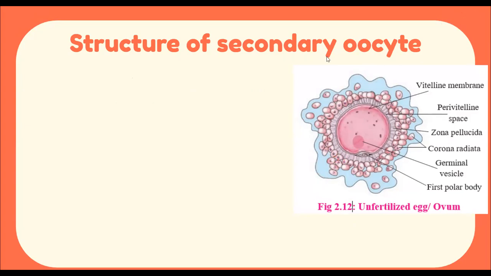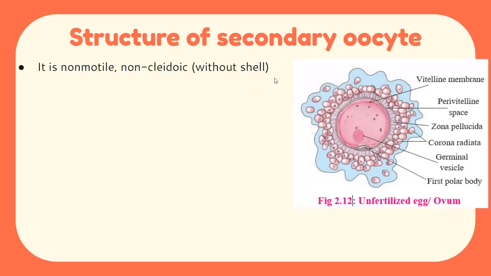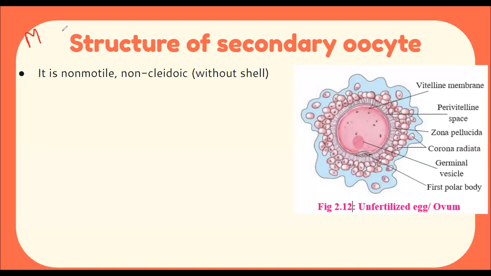So you can see the diagram over here. We'll begin with the introductory part, that is, the egg of the human female is non-motile. Of the male gamete, which is the sperm, and the female gamete, which is the egg, the ovum in front of you, the sperm is motile.